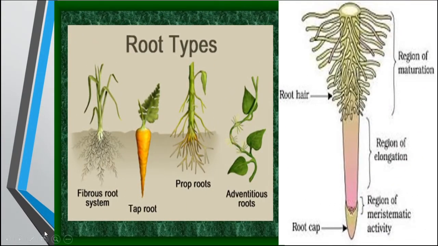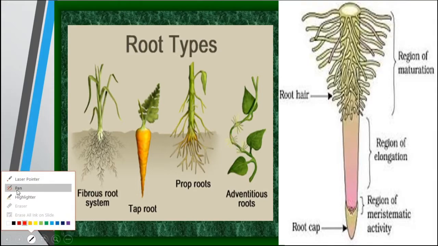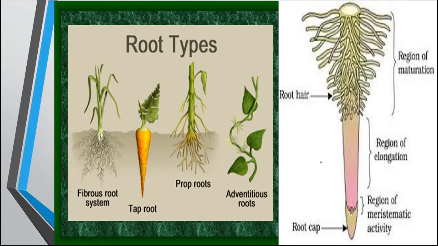In this slide, we can see different zones of the plant that we had already studied. This is the root cap, which protects the root apex. Just after the root cap, near the root apex, is the region of meristematic activity, where cells undergo rapid cell division and increase in number.